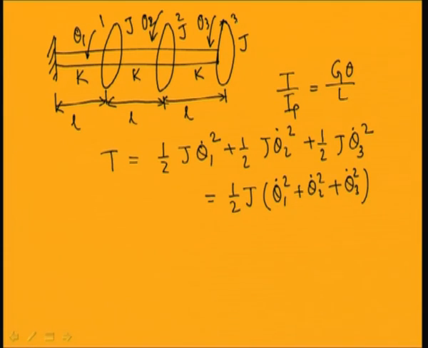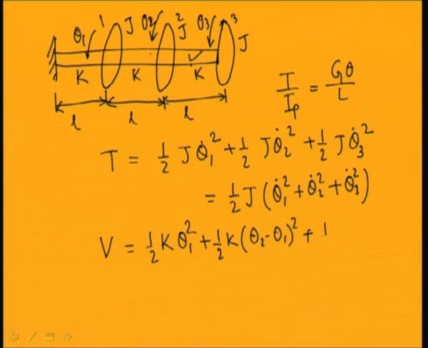So, there will be relative motion theta 2 minus theta 1 in one case and theta 3 minus theta 2 in the other. The potential energy V will be equal to half K theta 1 square plus half K theta 2 minus theta 1 square, and for the last portion half K theta 3 minus theta 2 square.